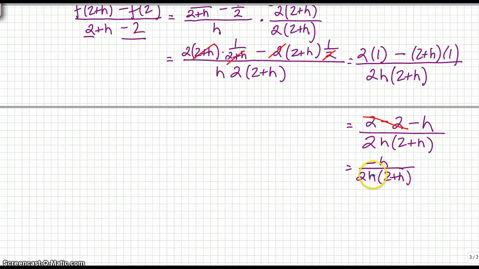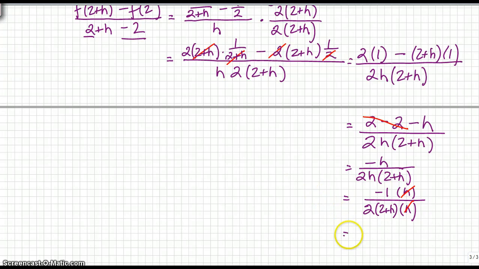Notice I have an h on the top and the bottom, right? So if I rewrite this as negative 1 times h over 2 times 2 plus h times h, I can see there's an h over h there, which will cancel out since h over h is equal to 1.